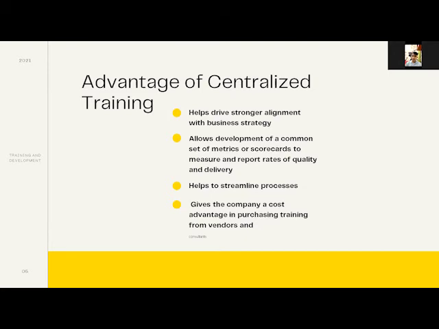Then it really allows the development of a common set of metrics or scorecards. And it helps streamline processes because, like I said, it comes from a specific center, a specific point of view, wherein the people and the ideas will just flow.